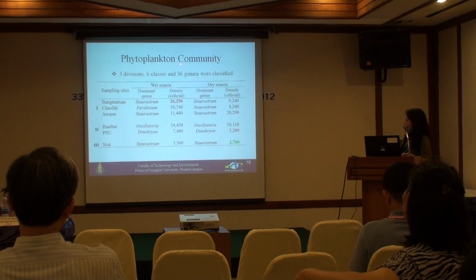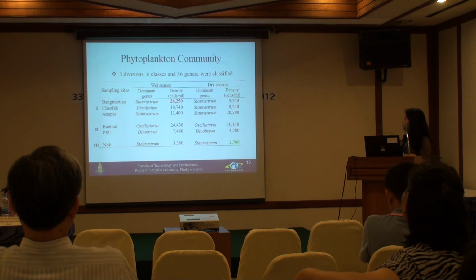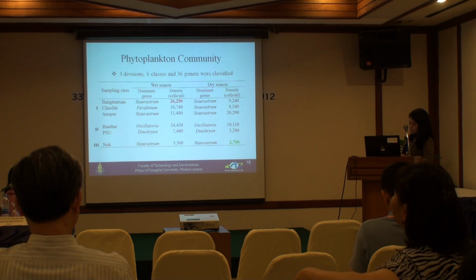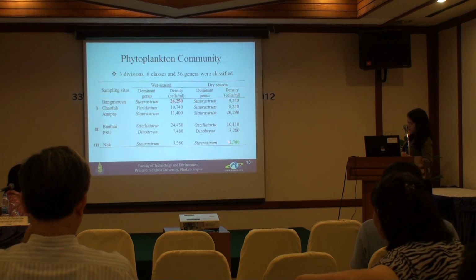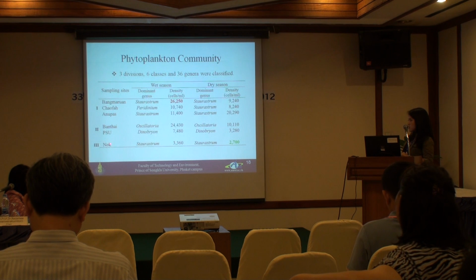Okay, this is the phytoplankton community and dominant genera. The red color number shows the highest density of the total, found in the wet season, by the genus Staurastrum, and the lowest density was found in the dry season, shown in the green number, in No reservoir.